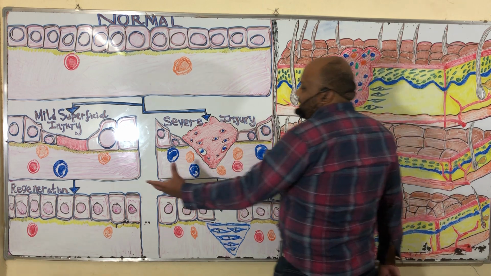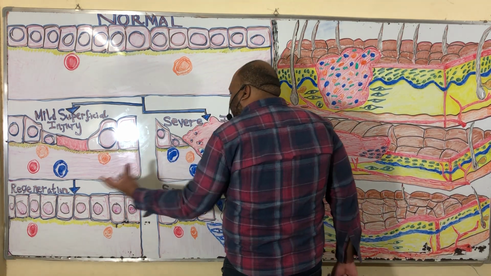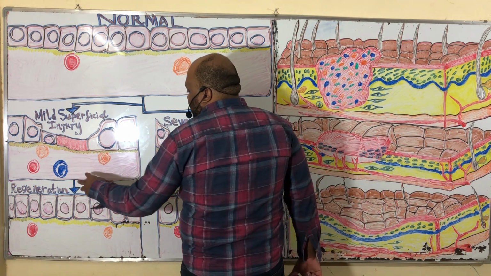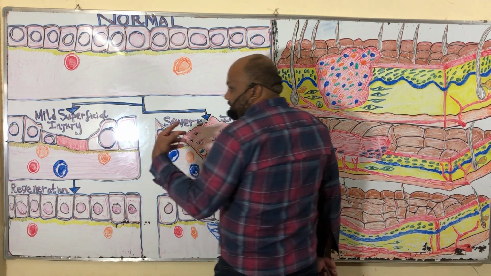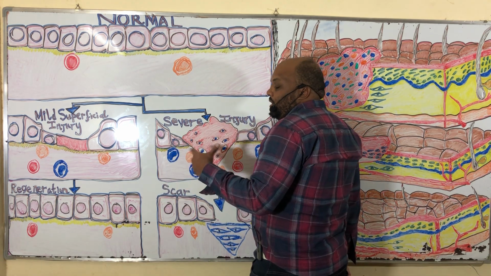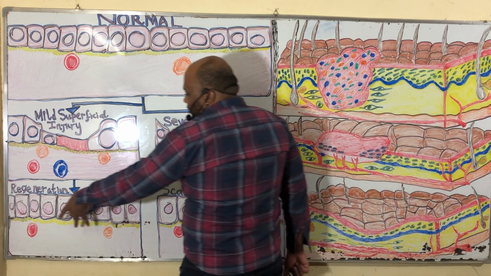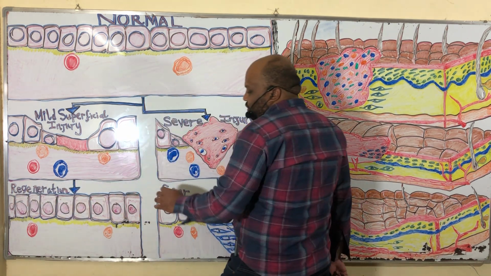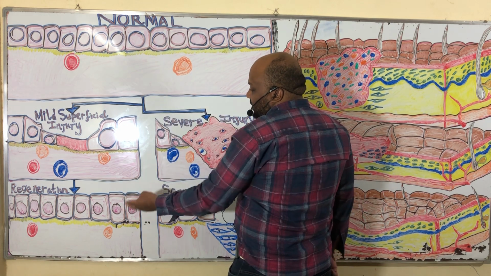And what you see here is that the macrophages in the underlying tissue will stimulate the epithelium to regenerate. When the epithelium regenerates, you see we go right back into normal tissue again, just like here, normal tissue. Why?